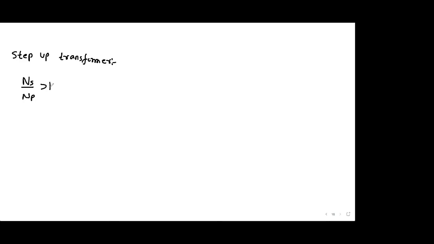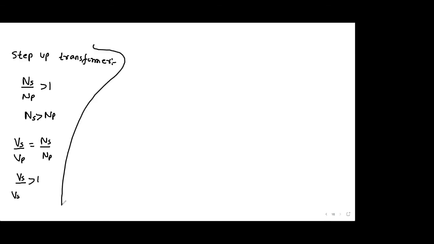If turn ratio is greater than 1, that means Ns is greater than Np. You know that Vs by Vp is Ns by Np. If Ns by Np is greater than 1, that means Vs by Vp is greater than 1, which means Vs is greater than Vp. Voltage at secondary is greater than voltage at primary. This is known as step-up transformer, which increases voltage.